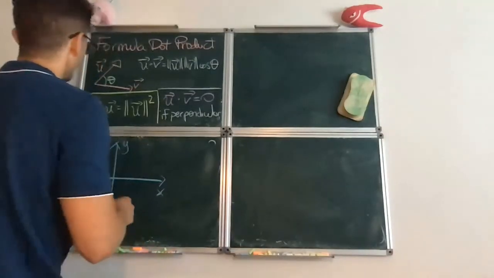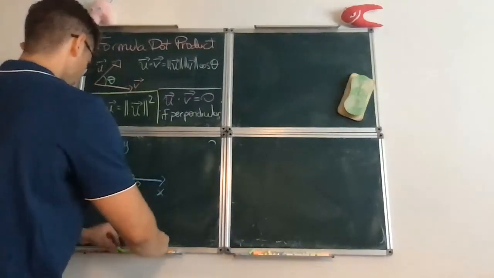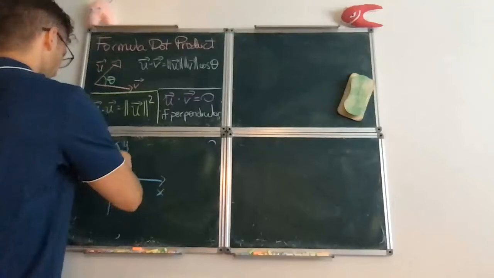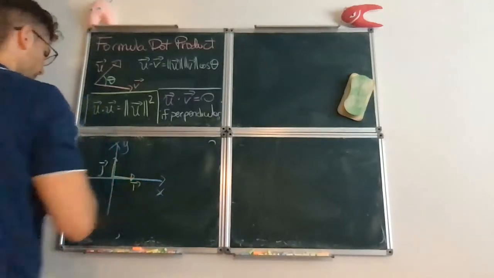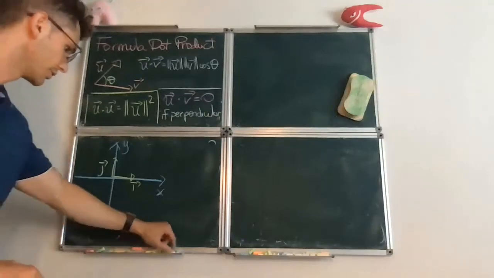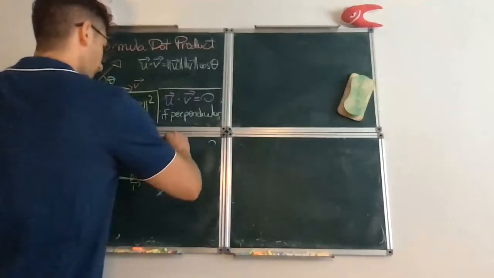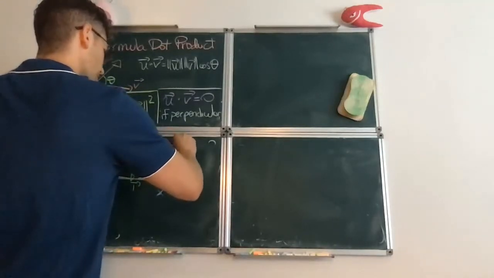So let's call them i and j. Again, they're unit vectors. So in particular, that means that what is i dot i?